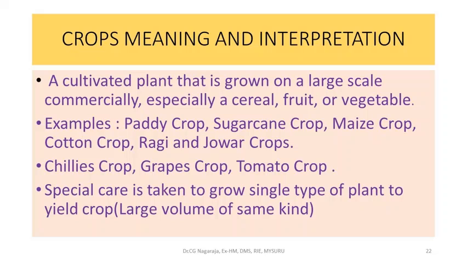Even cotton is grown in rain-fed lands, whereas paddy and sugarcane are grown in irrigated lands. Chili crops, grapes, fruits, and tomato crops are all grown today, and special care is taken to grow a single type of plant, what's called monoculture.